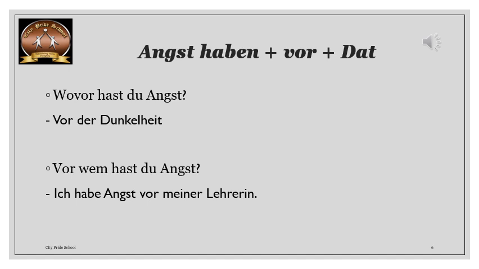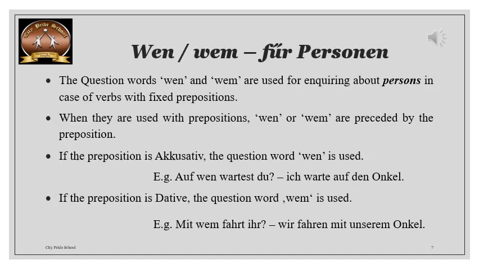So here the sentence or the question formation is different. Vor wem is used. So have you understood that there should be a separate question for objects as well as separate question formation for persons. Now in case of person, how to form the question we will see now. Wen oder wem für Personen.